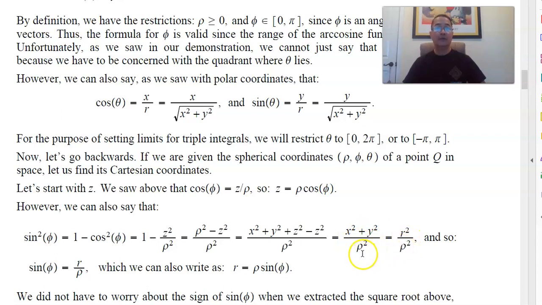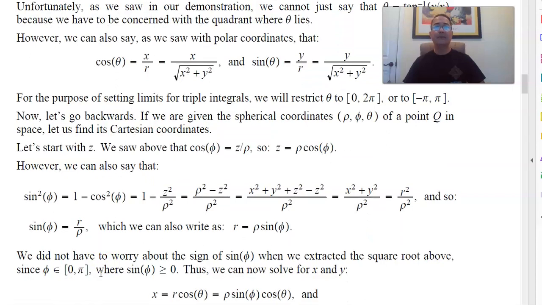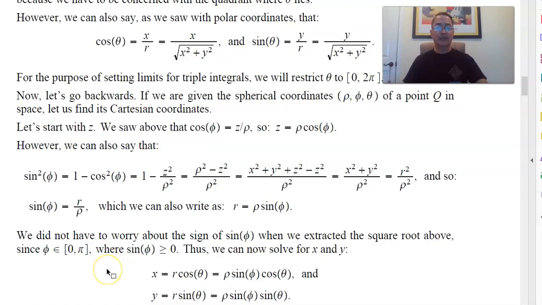That's r squared over rho squared. So if we agree that r is going to be positive, then sine of phi will be r over rho.